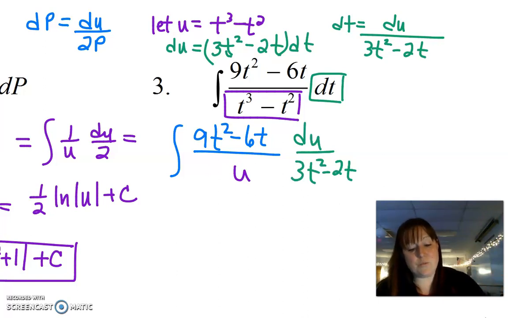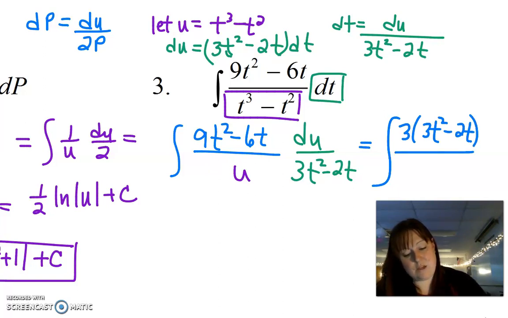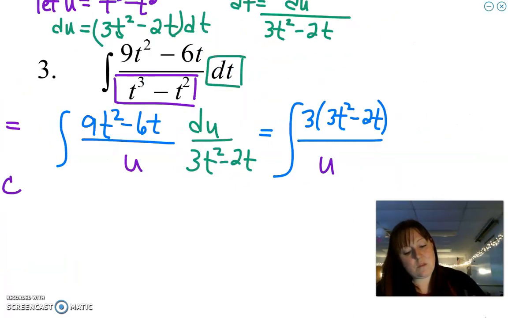All right, well, let's rewrite that top part of the integral to look like 3t squared minus 2t. I'm just going to pull a 3 out, and I end up with 3t squared minus 2t on the top, and I have my u still on the bottom, and then I have du over 3t squared minus 2t.